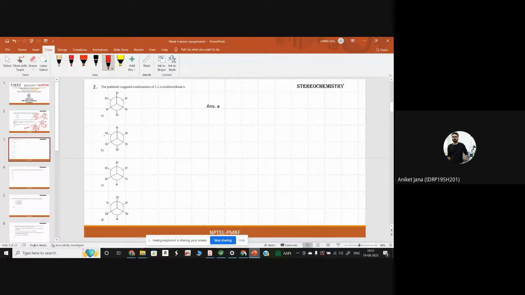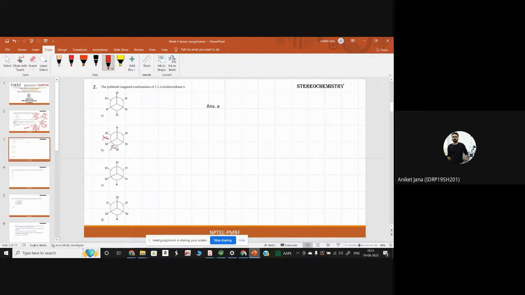Okay, let's start with option B. This type of staggered conformer is destabilized by the gauche butane interaction, like steric and torsional strain, right? As the two bulky groups are very close to each other, separated by a dihedral angle of 60 degrees, there is an interaction between these groups.